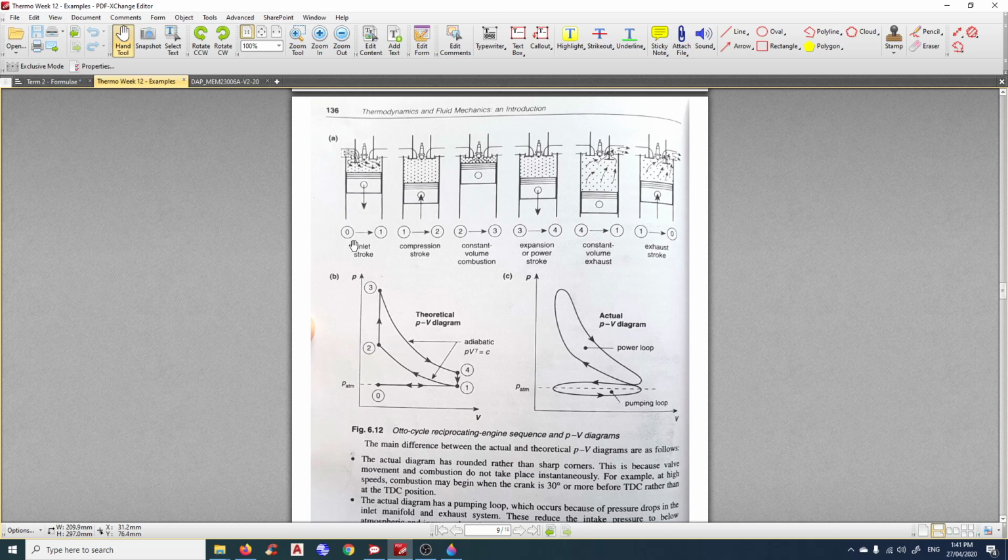Basically, in cycle 0 to 1, we draw the air in from this intake valve. You can see here there is a spark plug, so the spark plug will ignite the mixture of the air and gas, the mixture of the petrol and the air.